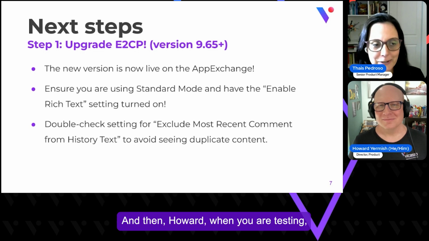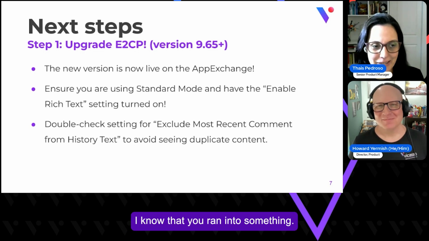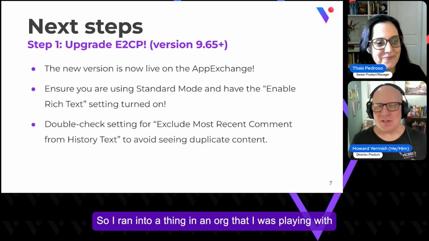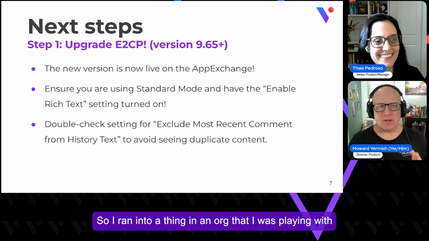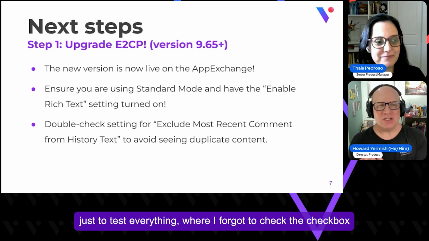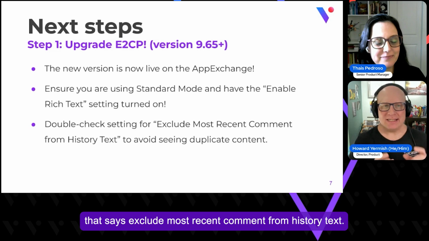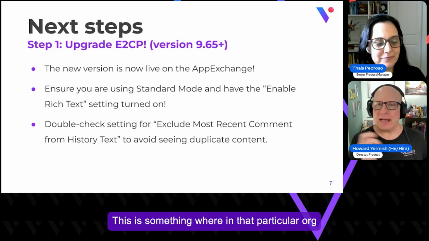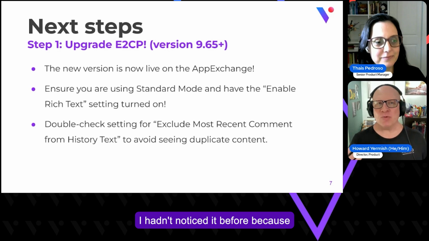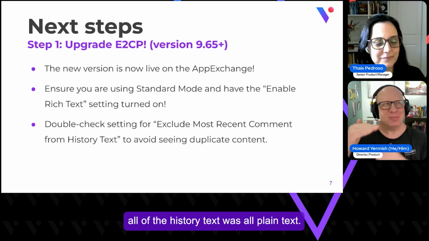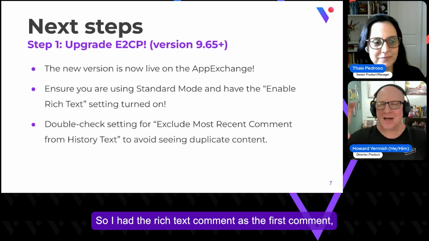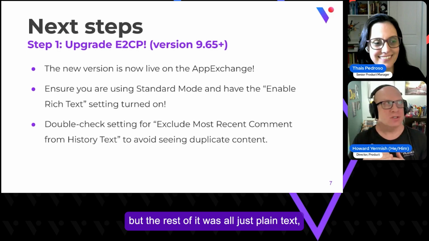And then Howard, when you were testing, I know that you ran into something. What was that? I ran into a thing in an org that I was playing with just to test everything, where I forgot to check the checkbox that says exclude most recent comment from history text. In that particular org, I hadn't noticed it before because all of the history text was plain text. So I had the rich text comment as the first comment, but the rest of it was all just plain text.